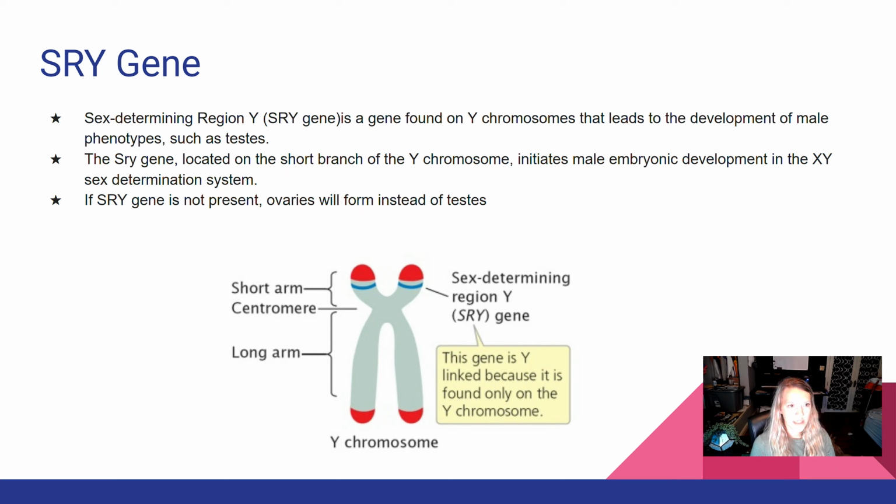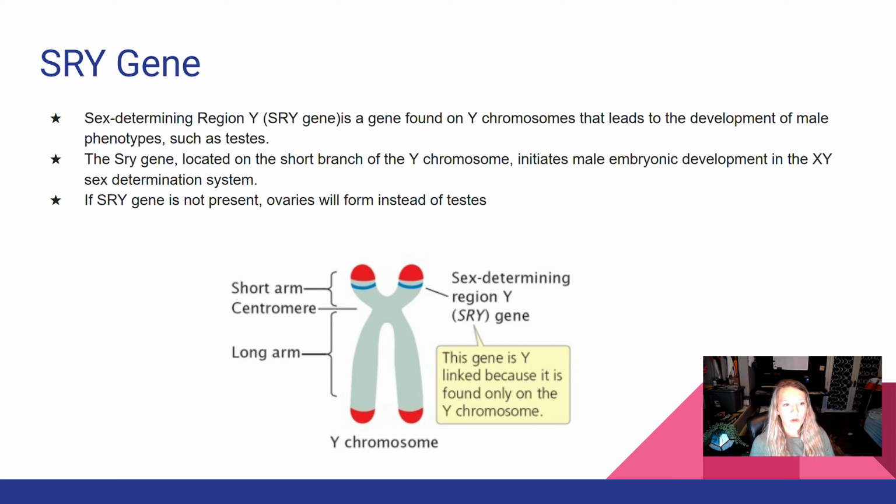Next, we're going to talk about the SRY gene. This is a sex determining region Y. It is found on Y chromosomes only, and it leads to the development of male phenotypes such as the testes. The SRY gene, located on the short branch of the Y chromosome, initiates male embryonic development in the XY sex determination system.